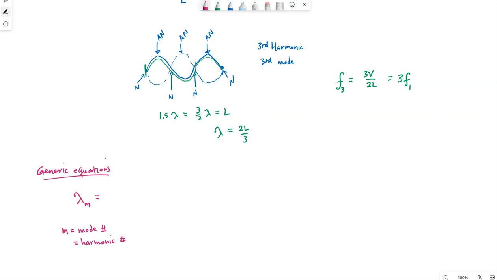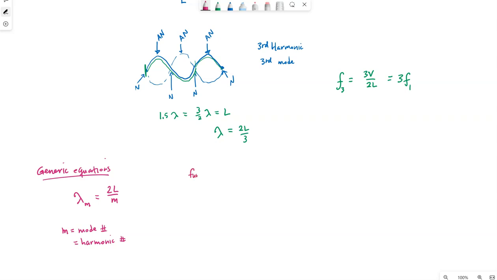We use the term mode or harmonic number specifically in this case of standing waves. So the wavelength of whichever mode is going to equal 2L over m.